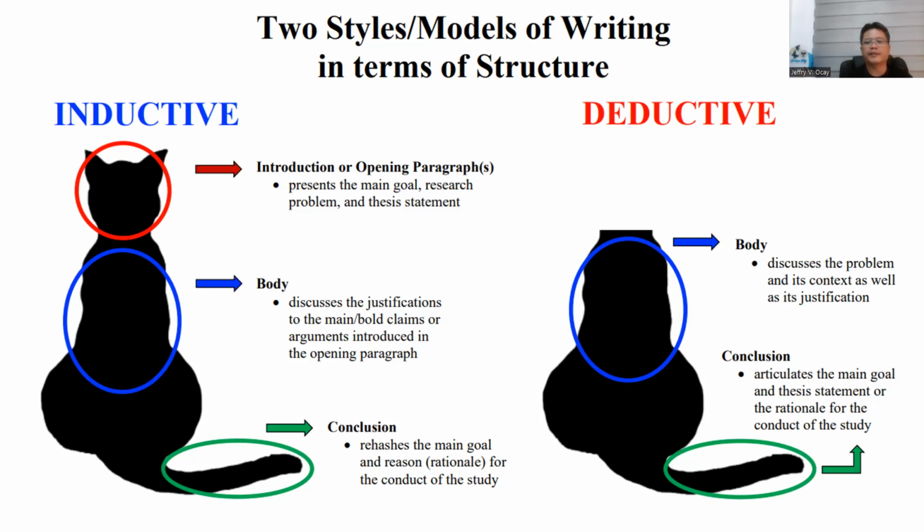And then the third major advantage of writing your scholarly piece or your background of the study using either of these two styles or models of writing in terms of structure is that you know exactly what to write, and expert reviewers and expert thesis committee members know what to look for when they review your background of the study.